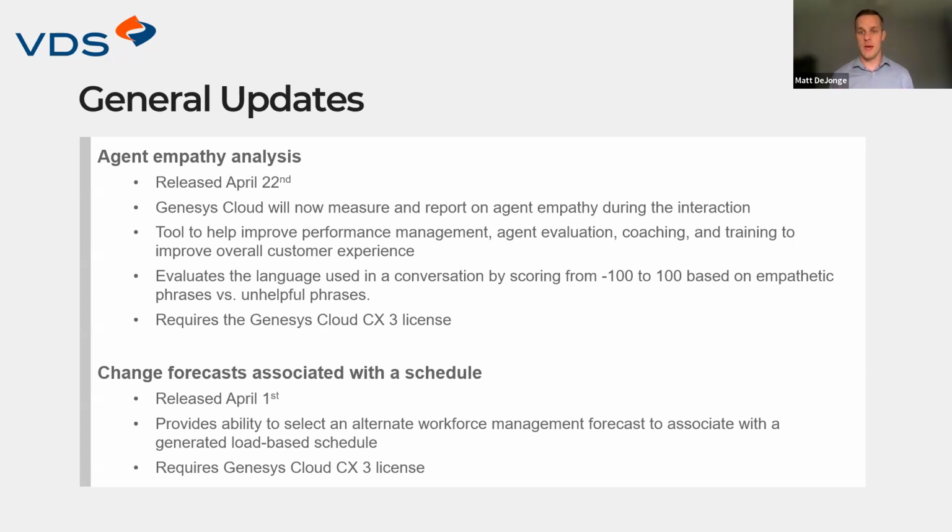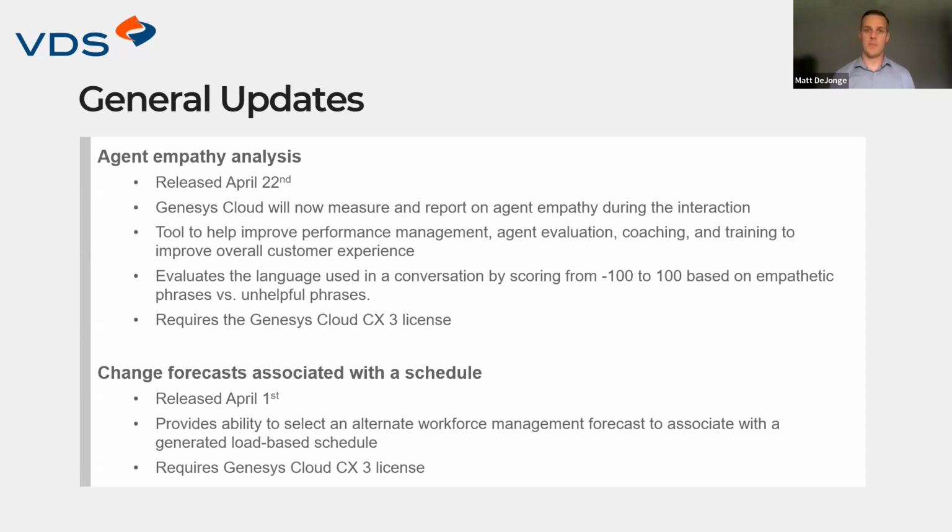That analysis assesses the empathy used and the emotional intelligence demonstrated by a customer service representative during an interaction, based on the language used, in terms of whether empathetic phrases or unhelpful phrases are used.